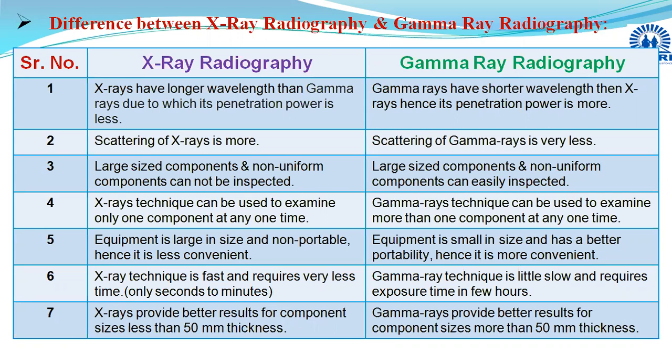The gamma ray technique is a little bit slow and requires a few hours of exposure. The X-ray technique will provide better results for components having thickness less than 50 mm, and gamma rays will provide better results if the component thickness is more than 50 mm.